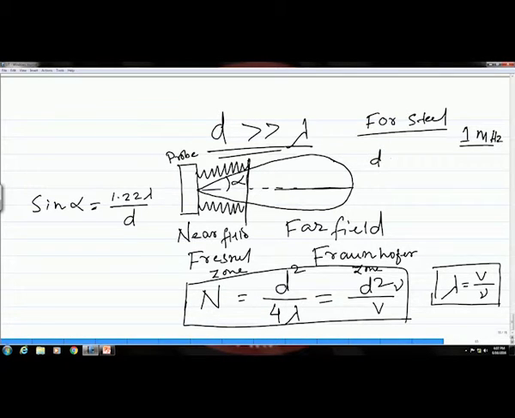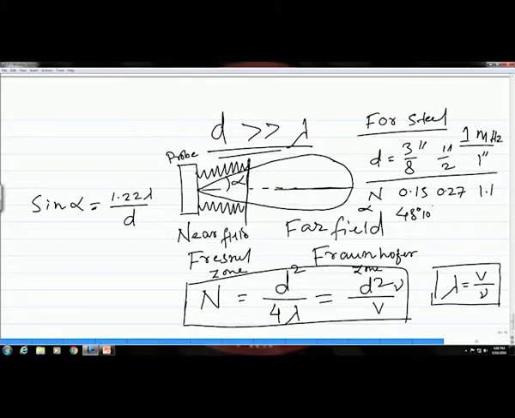So, when you vary d to these sizes, 3/8 inch, half an inch and 1 inch, for these three different values of d, n would be 0.15, 0.27 and 1.1 inches, and the value of alpha would be 48 degrees 10 minutes, then 34 degrees, and 16 degrees 10 minutes.